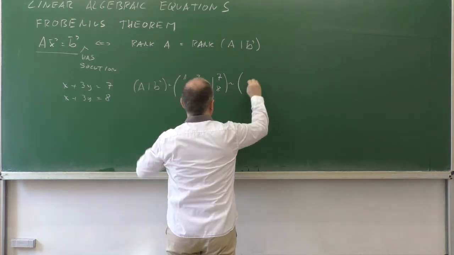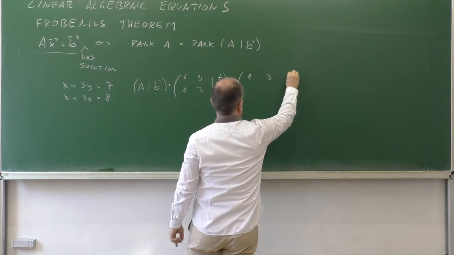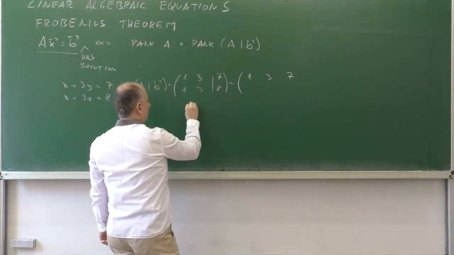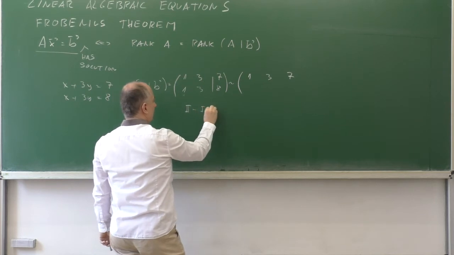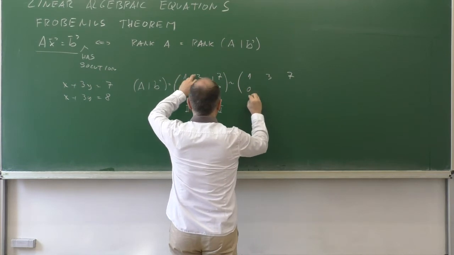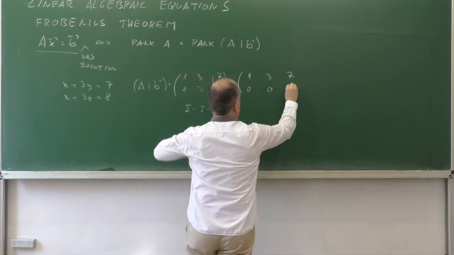So we have non-zero here, so we can write 1, 3, 7. And to get 0 here, we take the second row and subtract the first one. Then we have 0, 0, 1.